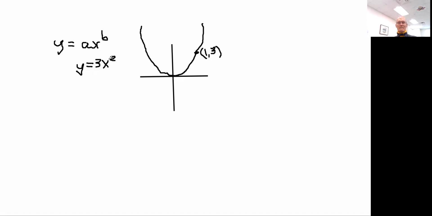So we looked at the square function last chapter. We looked at the third degree function. So if we look at a different type of function, we can come down here and say, okay, we have y equals, let's say, 3x to the 5/2 power.